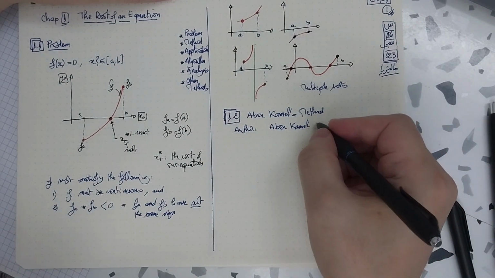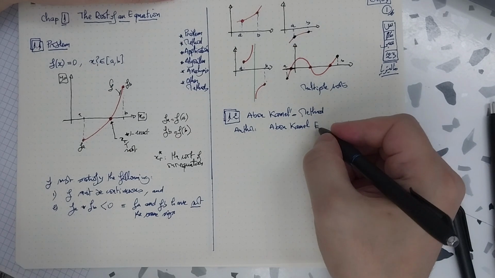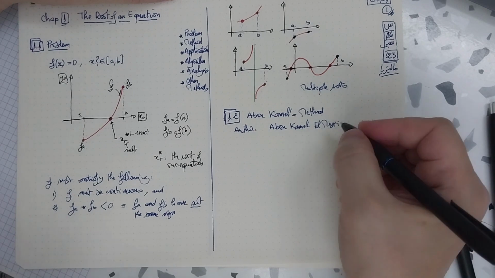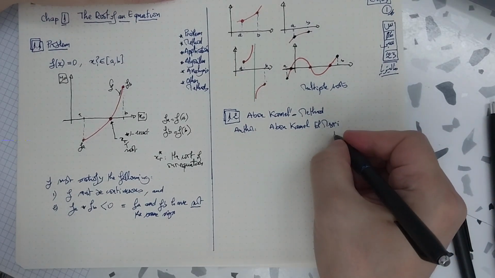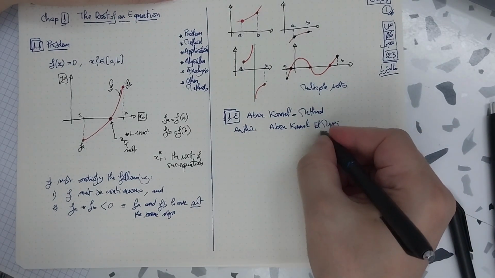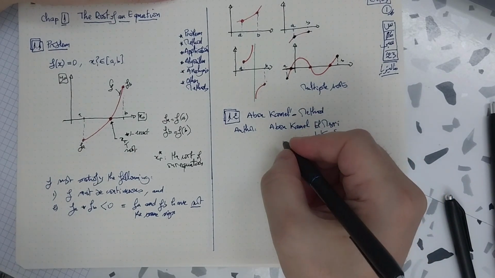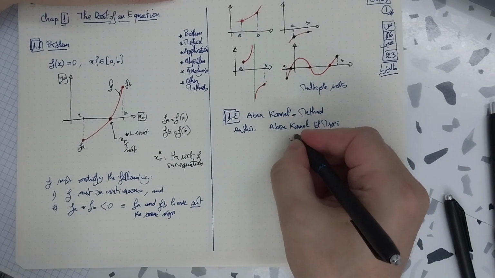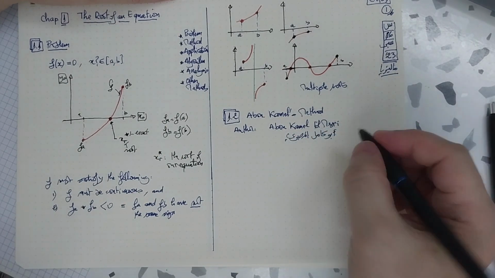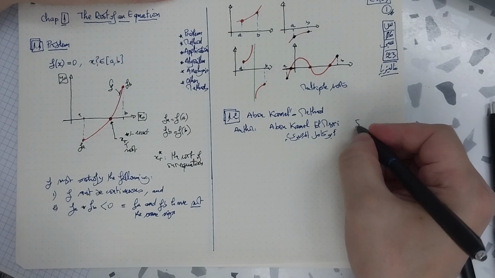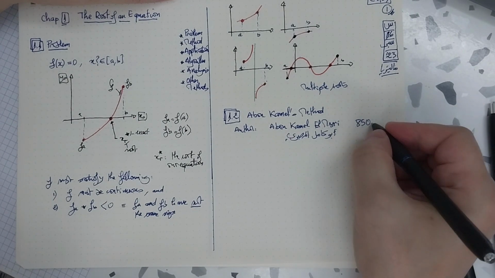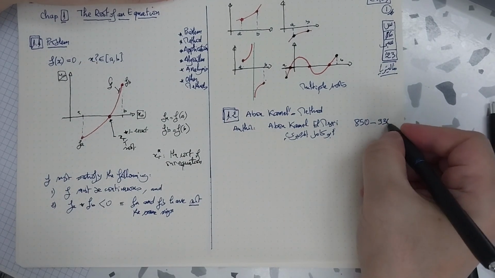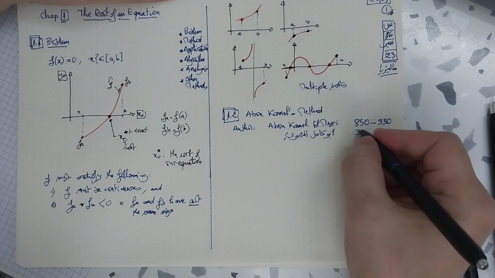Misri means the Egyptian. Or in Arabic, Abou Kamel al-Misri. He was born in 850 and died in 930, third Hijri.